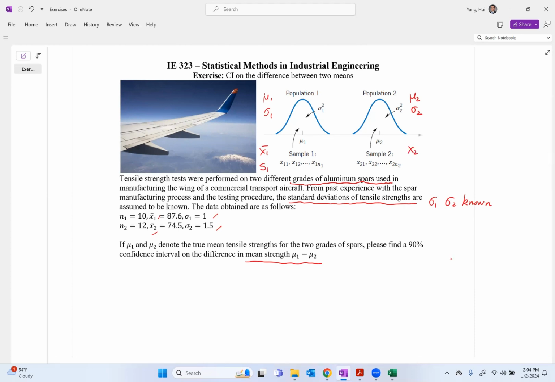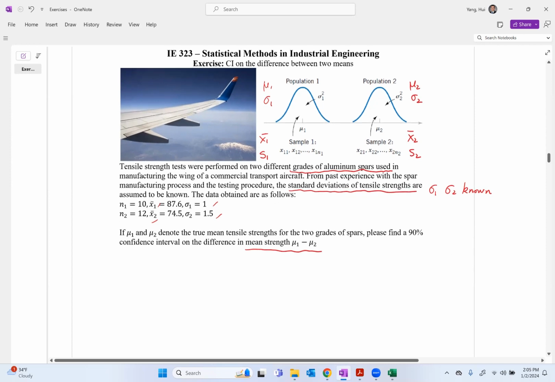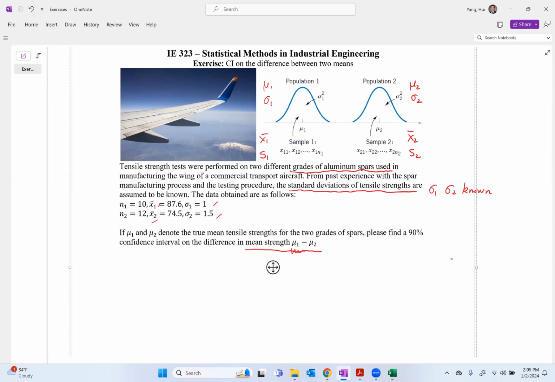And this is the sample mean for the second sample, and we also have a standard deviation. You can compute the sample mean and the sample variance or sample standard deviation. Now the question is to derive the confidence interval on the difference between two population means.